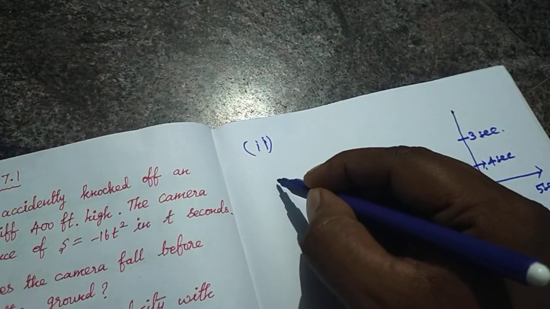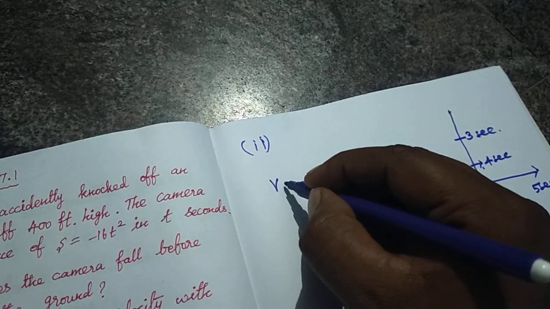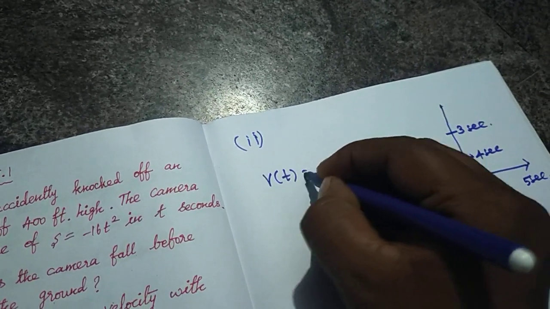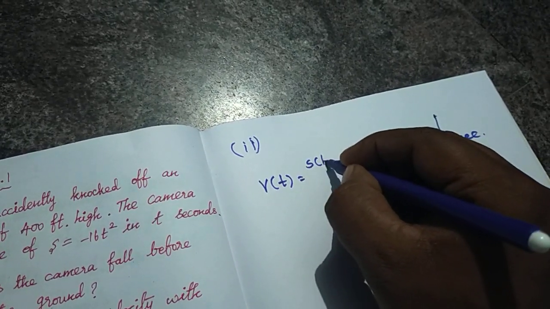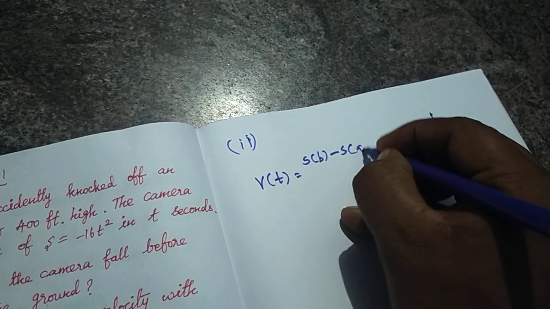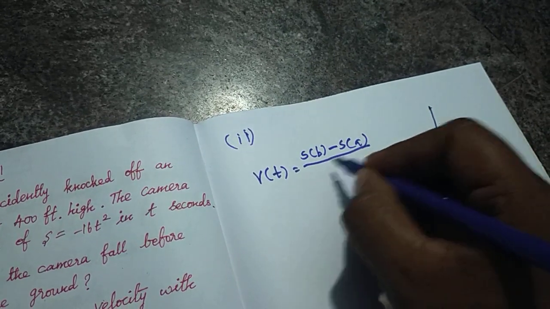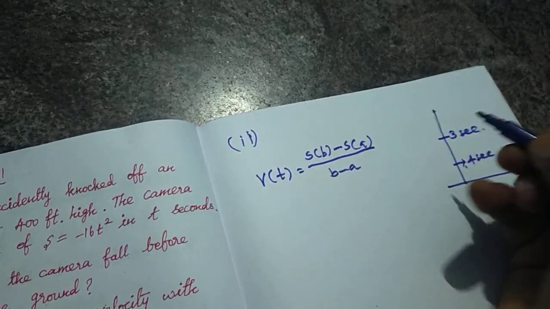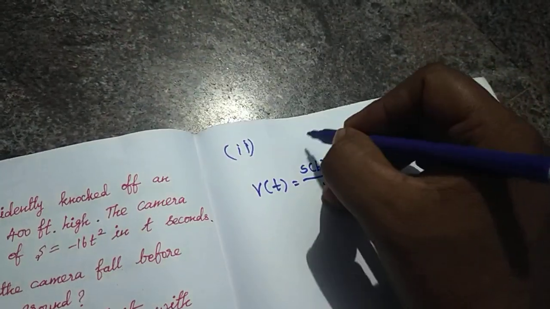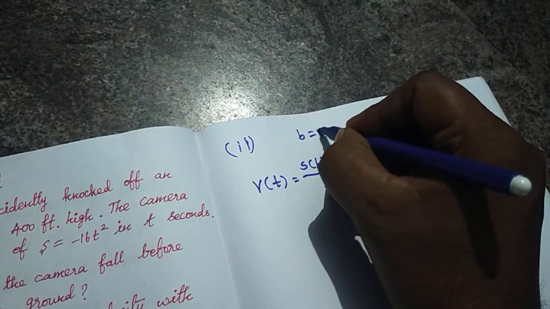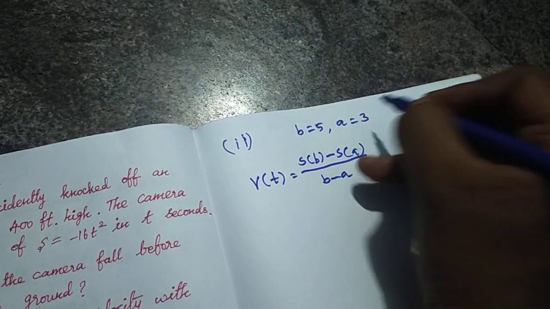We know that velocity is represented as V. V(t) = (S(b) - S(a)) / (b - a). What is the value of b? b is 5. The a value is 3.